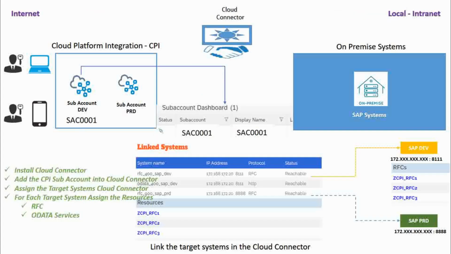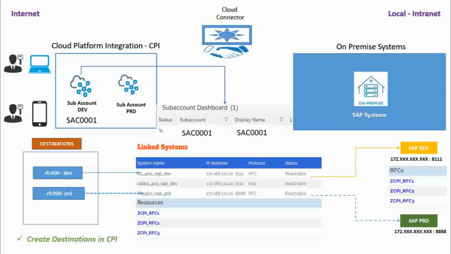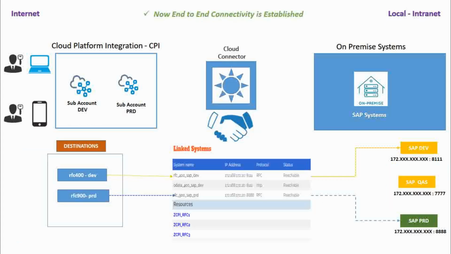Once the sub account is registered, I have to register my exposed systems, and also the exposed resources, which could be RFC, OData, like that. Finally, destination pointers are to be created in the cloud CPI. Those destination pointers will be used inside the adapter, whether it is OData or RFC. So this is the final view.